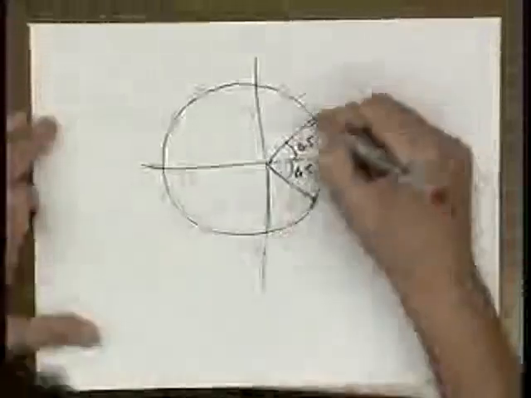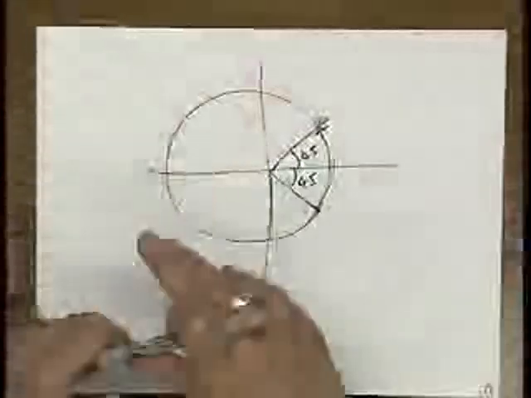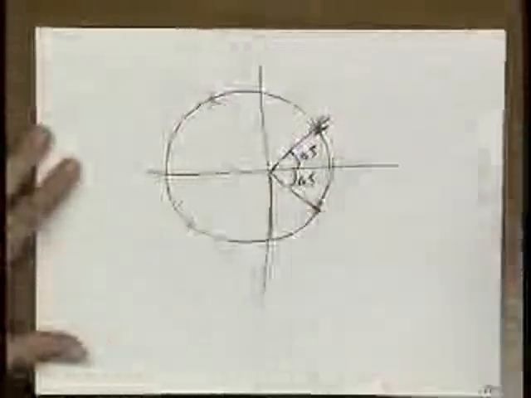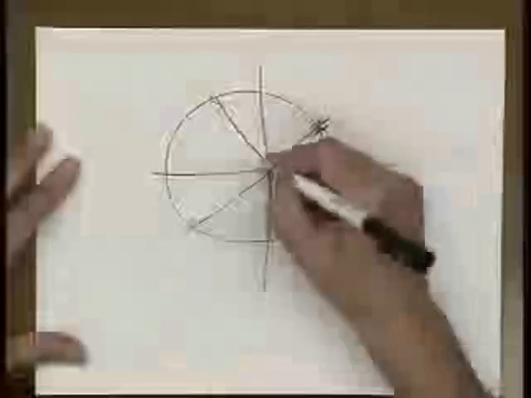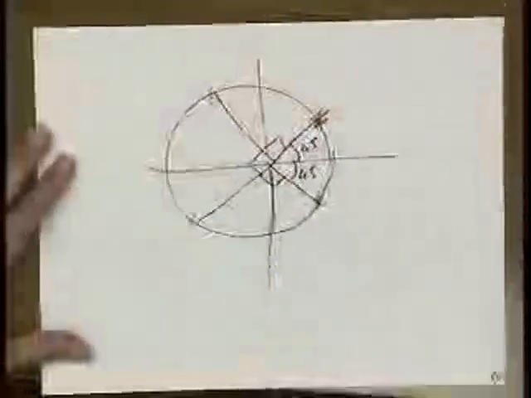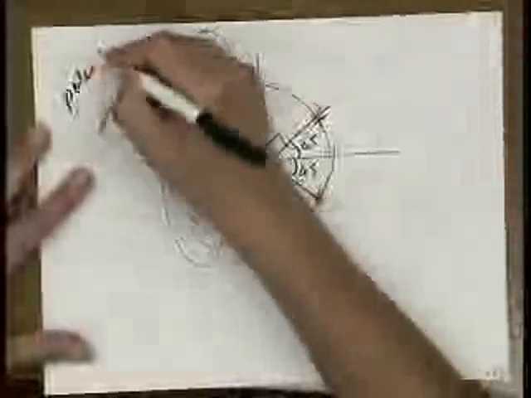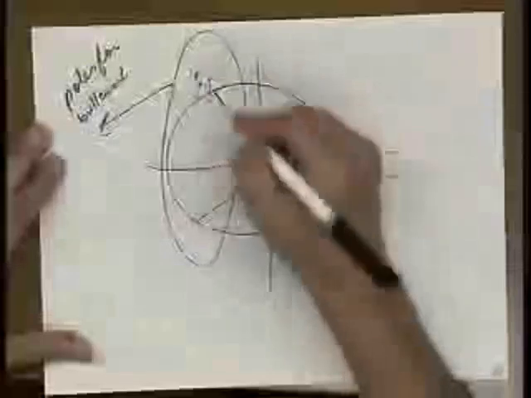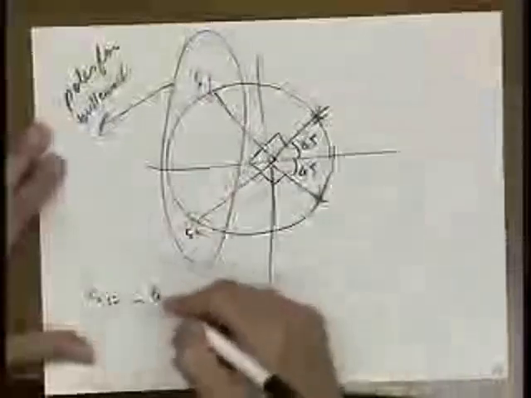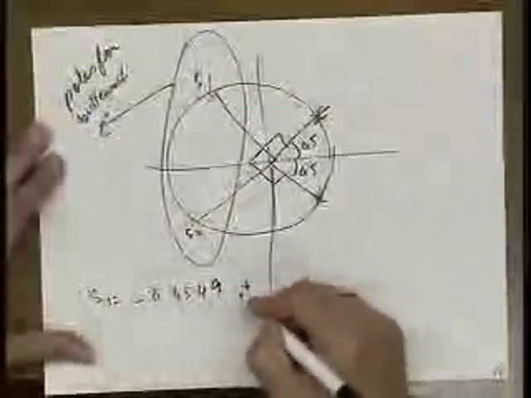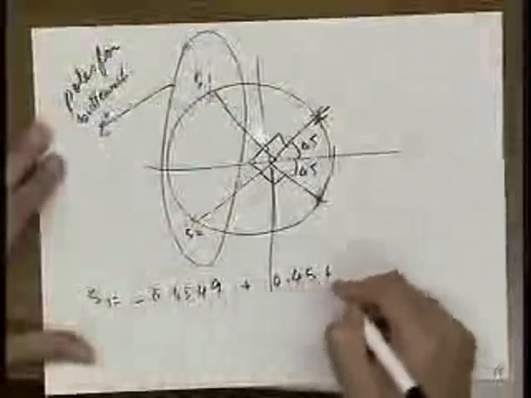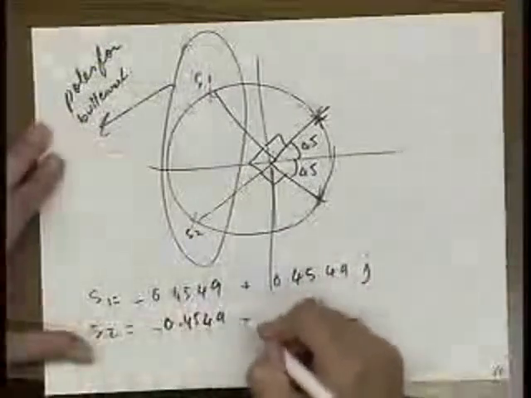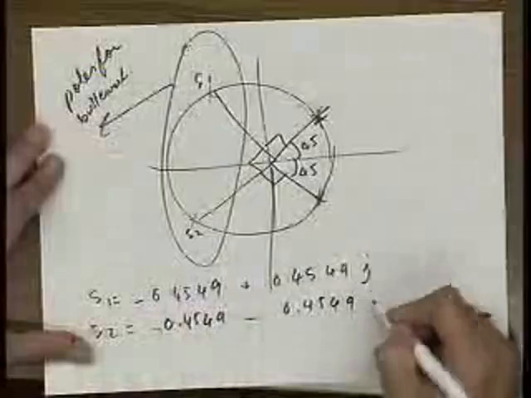So where they are is here, and here, and here, and here. There's 90, 90, 90, and 90. And these are the poles for my Butterworth. If I call this S1 and this S2, S1 is equal to minus 0.4549 plus 0.4549j, and S2 is minus 0.4549 minus 0.4549j.